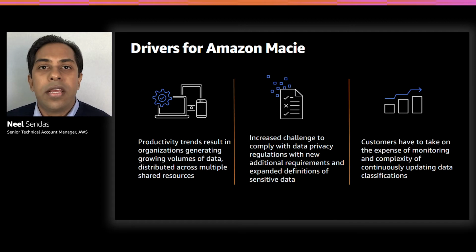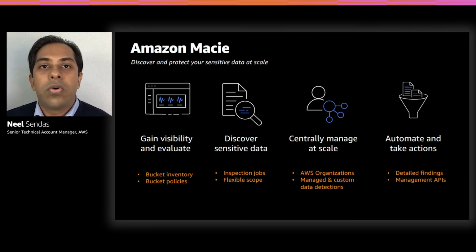And thirdly, now the onus is on the customer to keep up with these ever-changing guidelines. So they have to build expensive monitoring and classification tools and frequently update custom data classifiers. So those are the key drivers behind Amazon Macie.